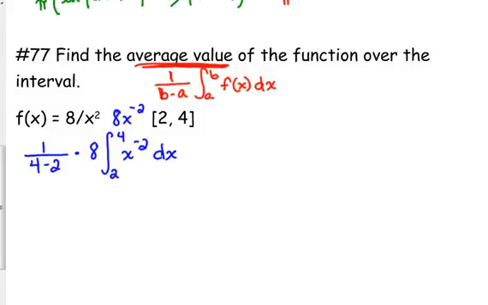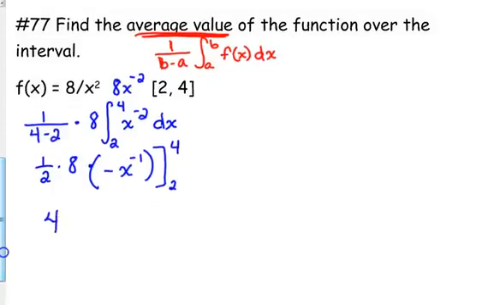Uh, 1 minus 4 over 2 is 2, 1/2. The integral of x to the negative 2 is what? Very good. Negative x to the negative 1. We're evaluating that from 2 to 4.